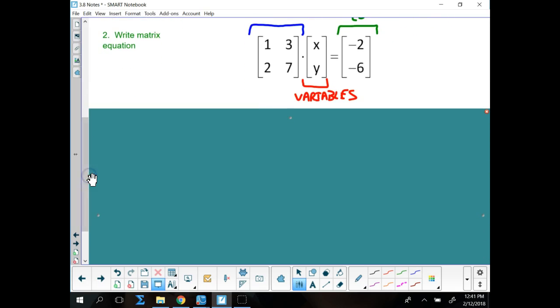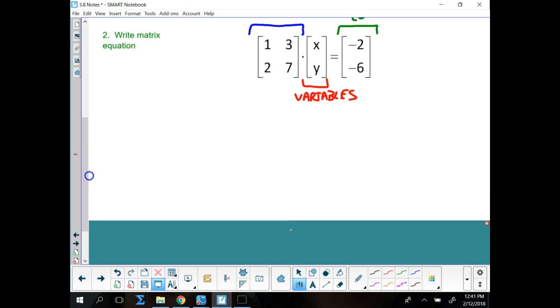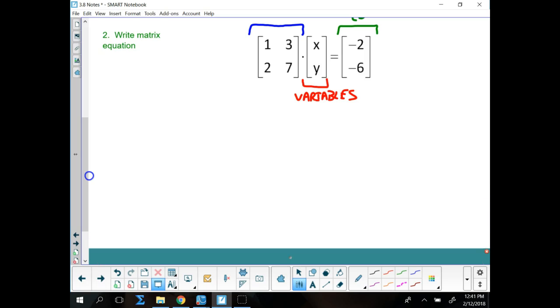Now, let's take a little side trip. On that side trip, let's say that I have a matrix equation where I have A times B equals C. These are matrices now.